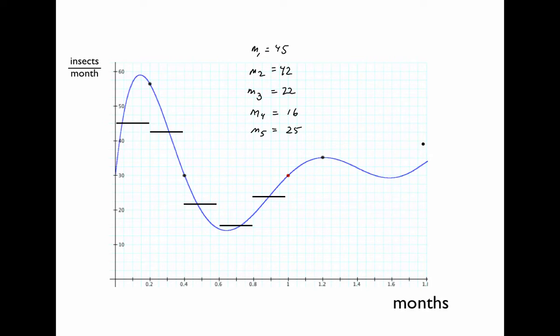And so then how do we get the total insect population at 1 month? So at 0, population is 105.